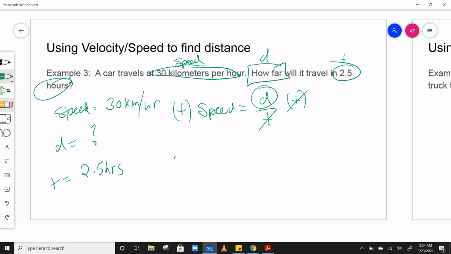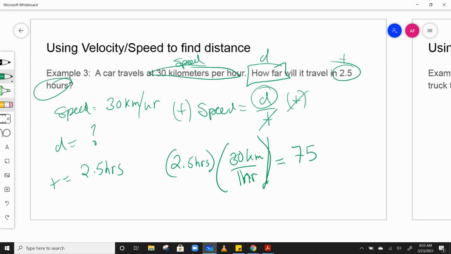So 2.5 hours times our speed, 30 kilometers per hour. And we get 75. And then hours cancels, and we wind up with kilometers. Easy peasy.